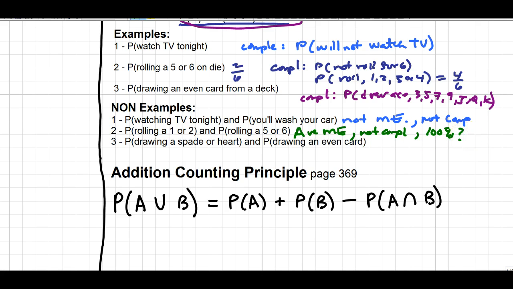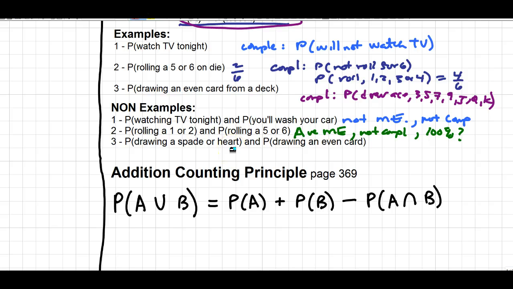Final example that we'll talk about here, final non-example, probability that you'll draw a spade or a heart, and the probability that you'll draw an even. And so this one, if you draw a spade or a heart, that's half of the cards. Drawing an even card is not the other half. So obviously there's lots of problems with this non-example.